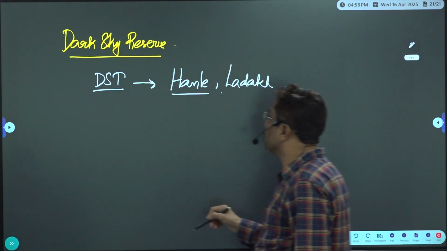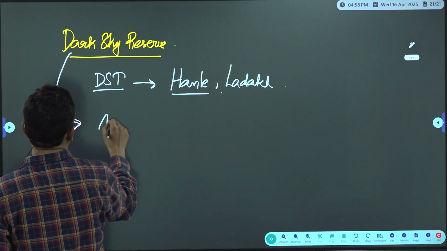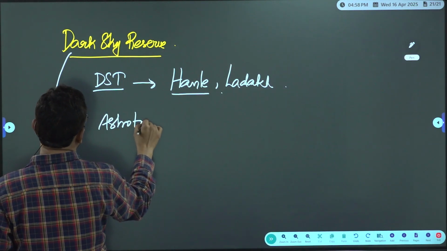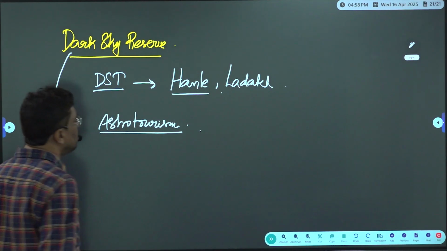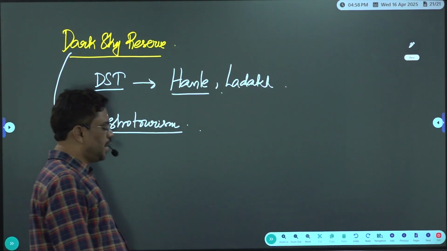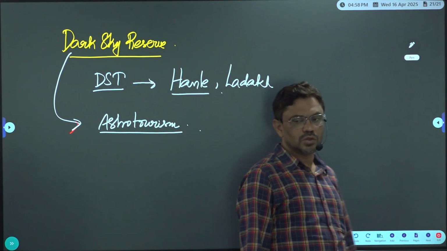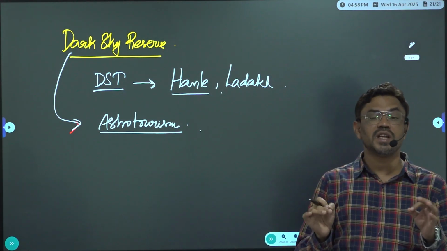At this dark sky reserve, India is trying to promote astrotourism. And why? This is a natural choice because there is minimal interference. Actually, what is a dark sky reserve?